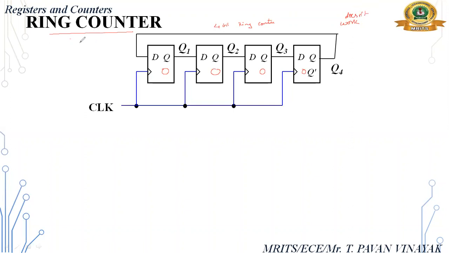Why doesn't it work? See, whenever I give 0, 0, 0, 0 as the initial state, then for the next clock pulse, this 0 will come here, this will come here, this will come again, always 0.